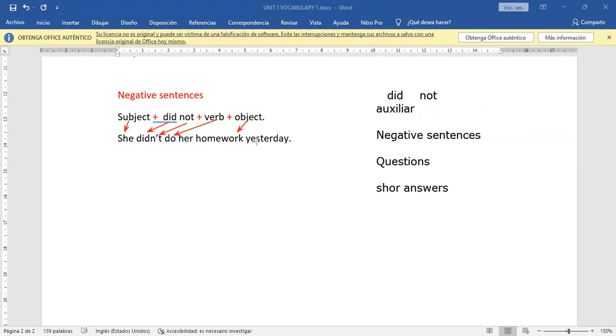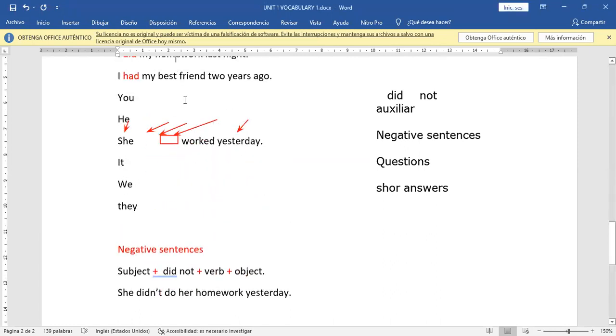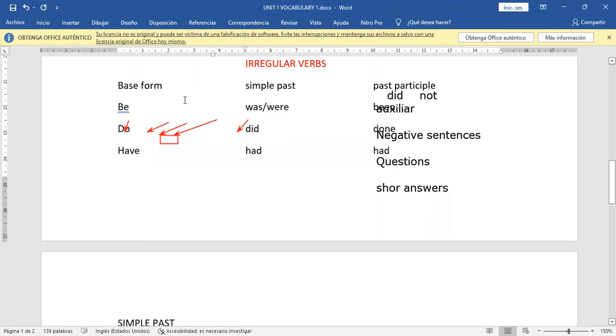She didn't do her homework yesterday. The verb is necessary, but pay attention, we need the verb in the base form. And where is the verb in the base form? It is here. The verb in the base form. So do, have, be, they are base forms.